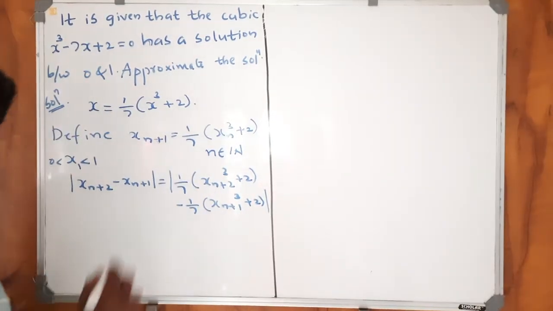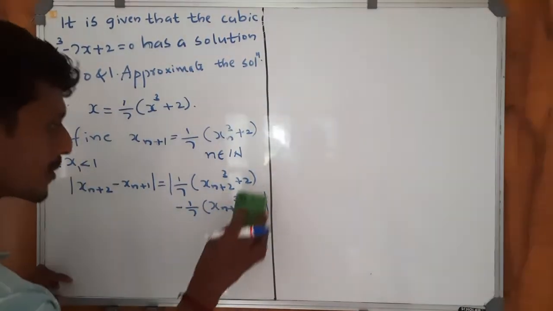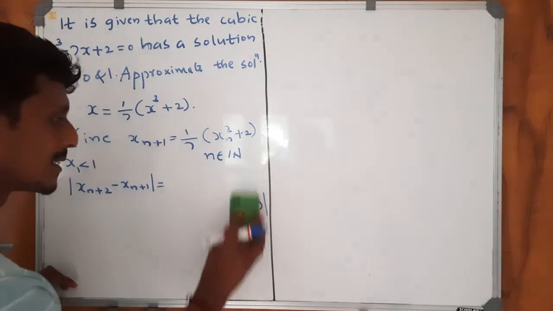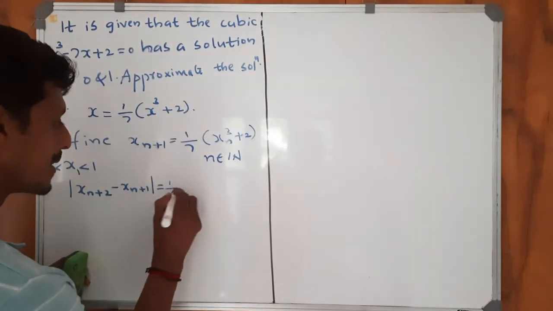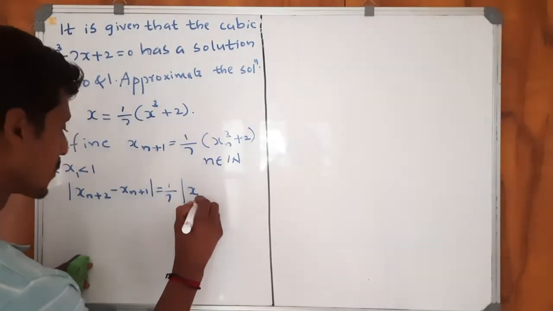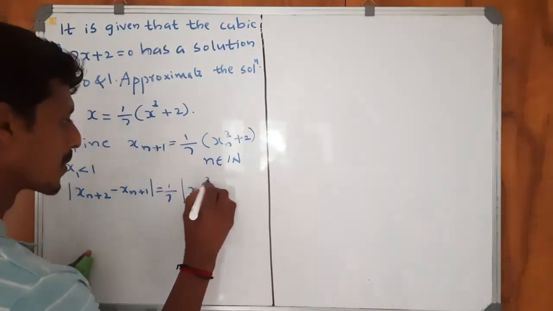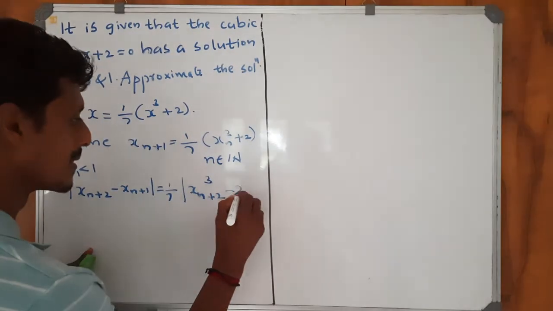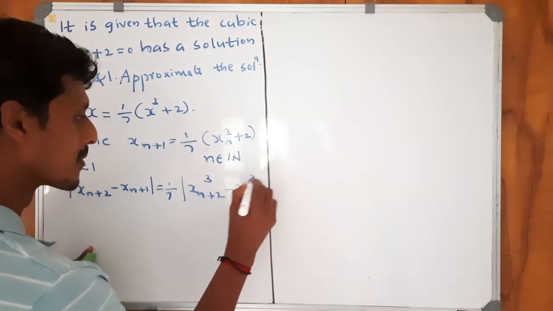The 2 gets cancelled. So this is equal to 1 by 7 into modulus of xn plus 1 whole cube minus xn cube.